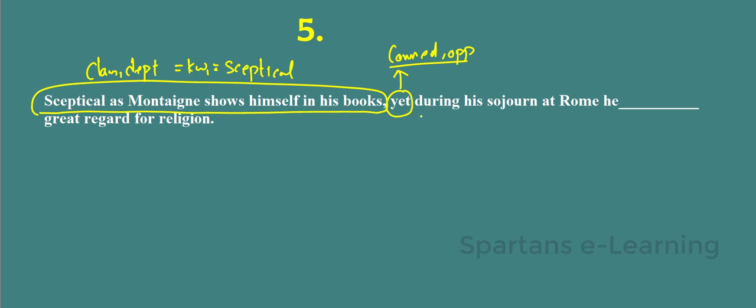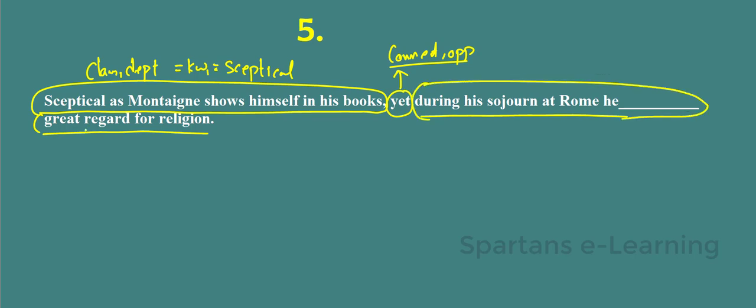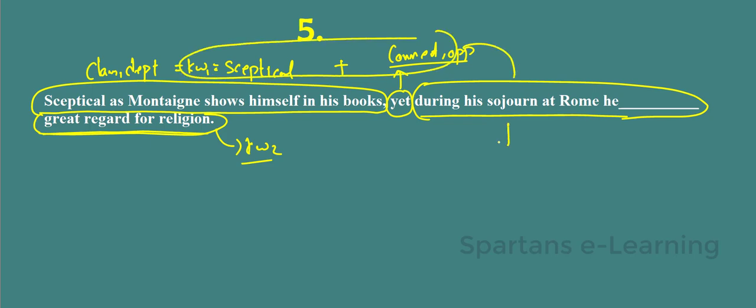Now, during his sojourn at Rome he dashed great regard for religion. This whole thing is the second keyword, and this keyword also conveys certain meaning, but we don't know what meaning it conveys, right? So we have to take the help of the first keyword and the connector. Keyword 1 plus connector will give you the answer for keyword 2.